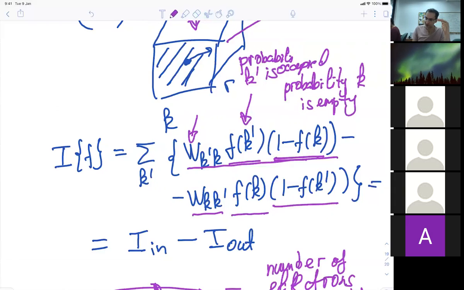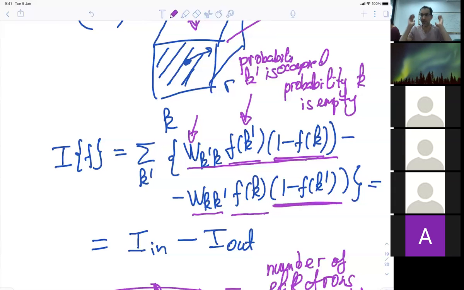So if the state is occupied, f is equal to 1, 1 minus f is equal to 0. So there is no incoming current into the state which is already filled. And the same goes for an outgoing current. You cannot scatter into the states that are occupied. These are fermions, and you cannot go to the state which is occupied.